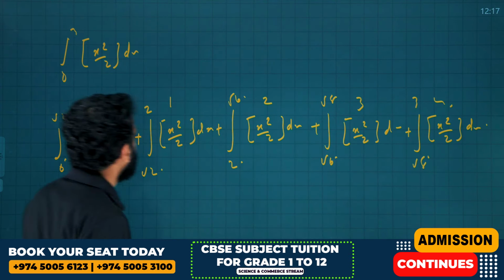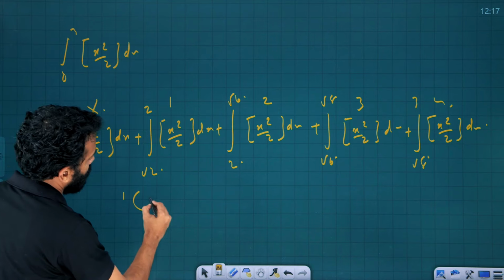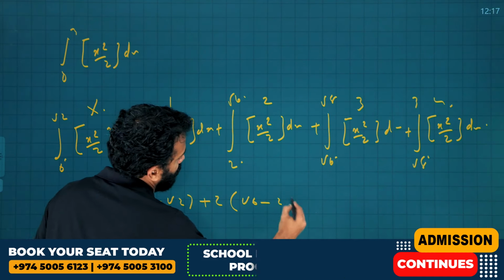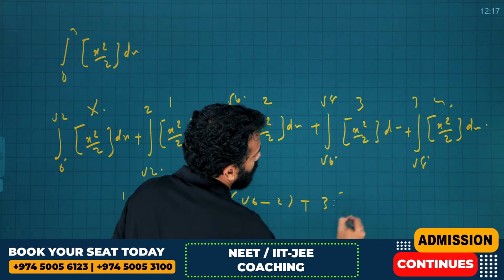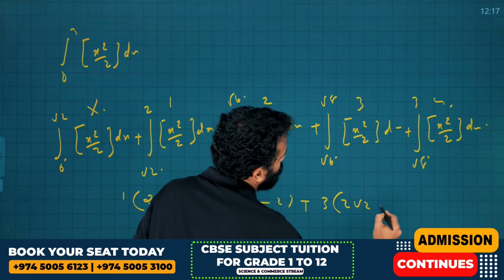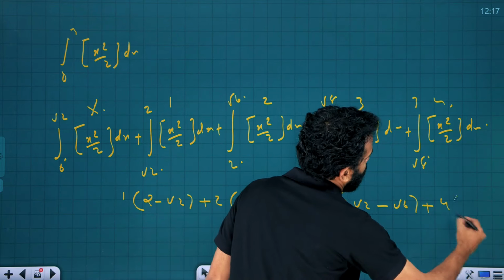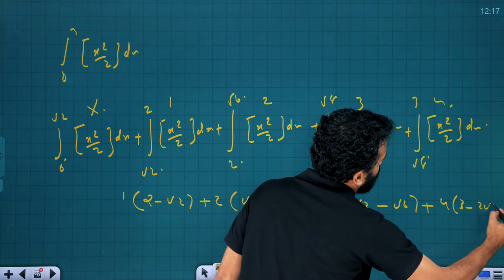4. Therefore, it will be 1 into 2 minus root 2, plus 2 into root 6 minus 2, plus 3 into 2 root 2 minus root 6, plus 4 into 3 minus 2 root 2.